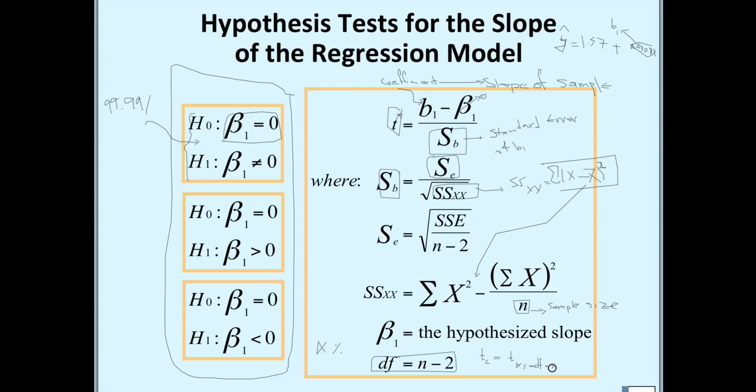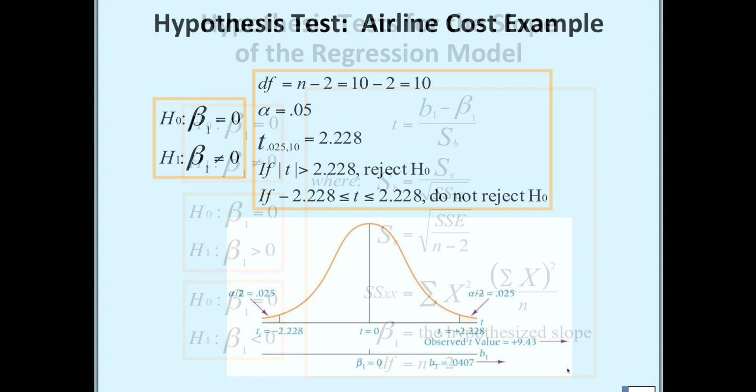Remember, n was 12, so n minus 2 will be 10. So please find the critical value as well.